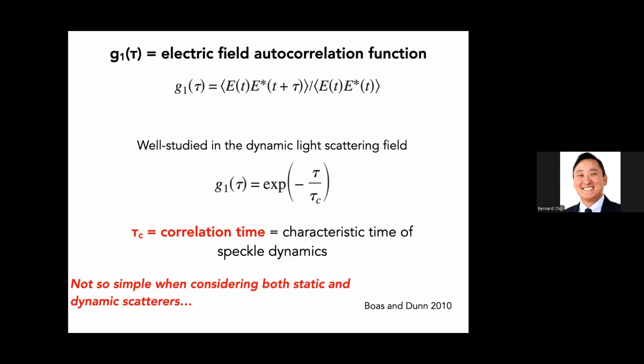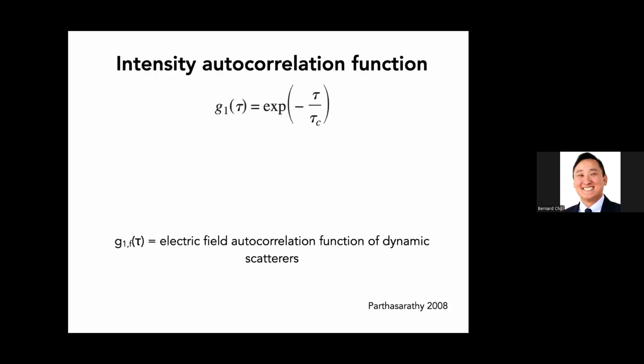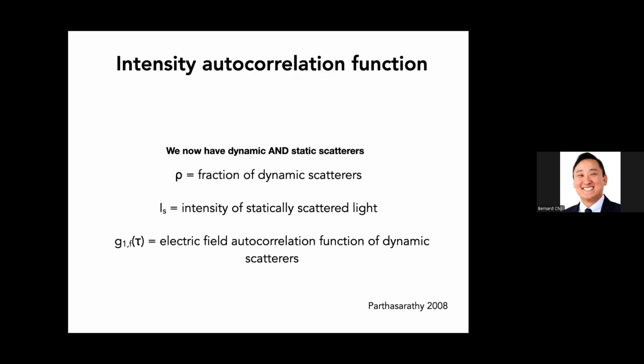And so when we consider both static and dynamic scatterers, this is the original electric field autocorrelation that we're happy with, the single exponential, where as the correlation time increases, this decays more slowly, etc. But now we have to add the static scatterers. So basically we have a term that's typically used as rho.